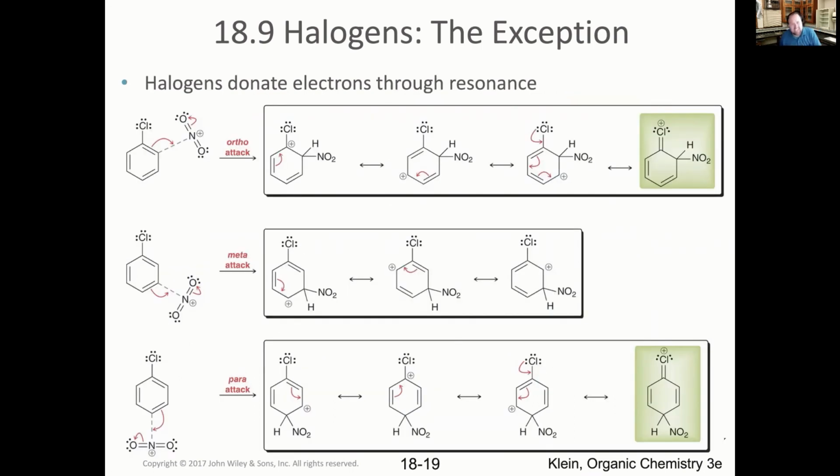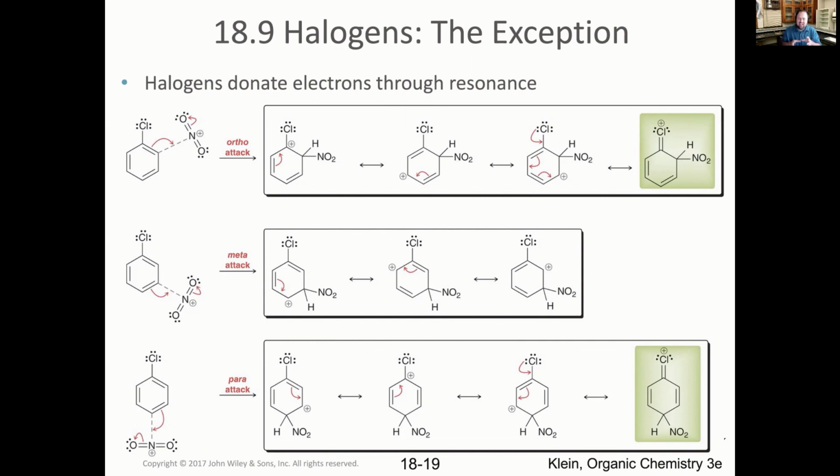And we can see the same effect happening here with the sigma complex intermediates when you look at the ortho attack, meta attack, and para attack. Now, once again, with the ortho attack and para attack, the sigma complexes show that there's a stabilization via an extra resonance form that occurs for them with the chlorine being attached. Whereas in the meta attack, when you look at its sigma complex intermediate, it doesn't have that stabilization.